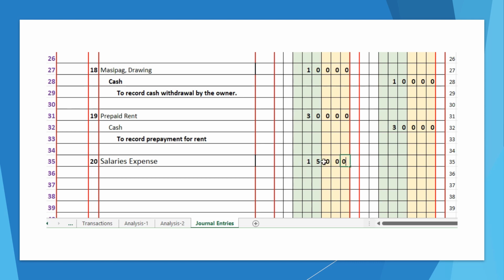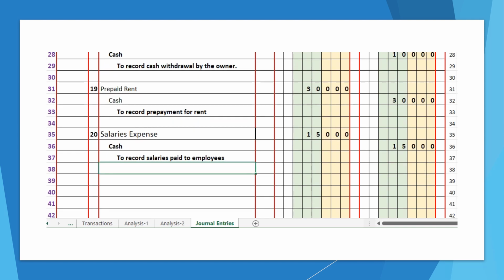So we paid. So we're going to credit cash based on our analysis. Cash, 15,000. Okay? Did you follow? Okay, what's our explanation here? So to record salaries paid to employees. Okay?